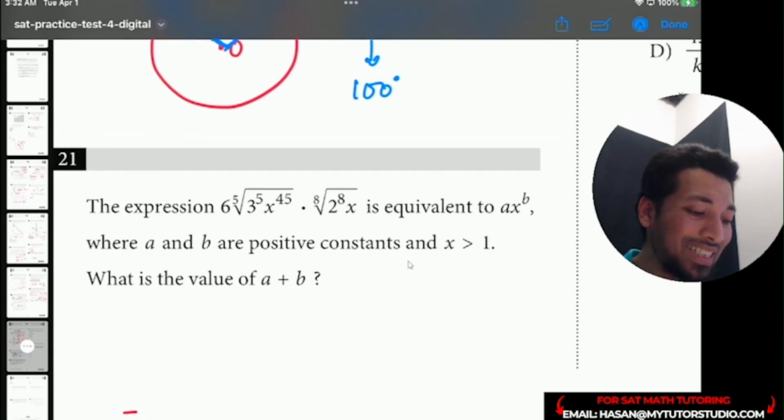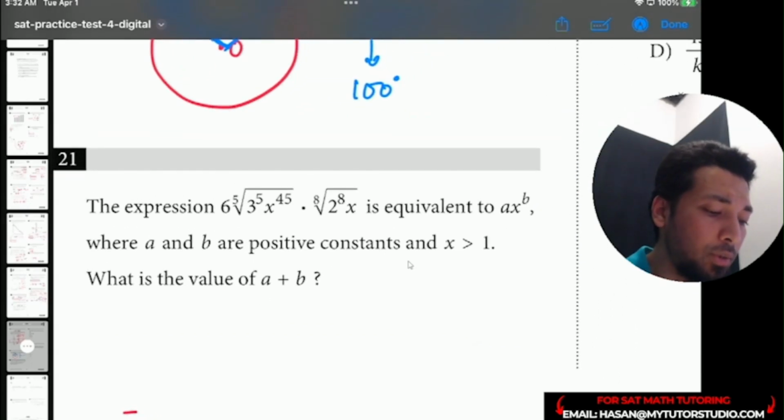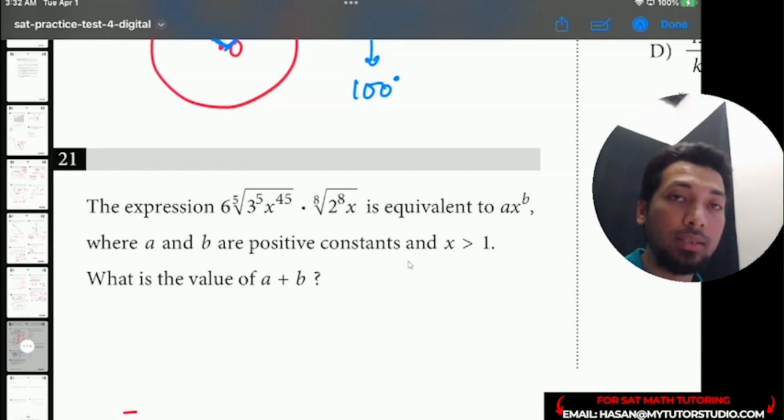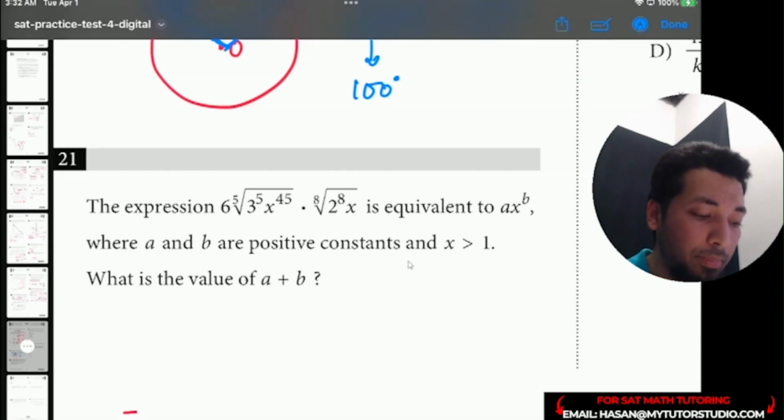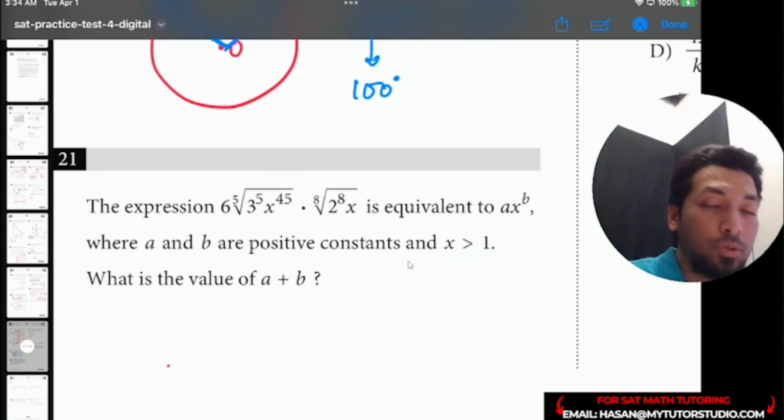The expression 6 times 5th root of 3 to the power of 5 times x to the power of 45 times 8th root of 2 to the power of 8 times x is equivalent to a times x to the power of b, where a and b are positive constants and x is greater than 1. What is the value of a plus b? So to solve this problem, we can apply the exponent property.